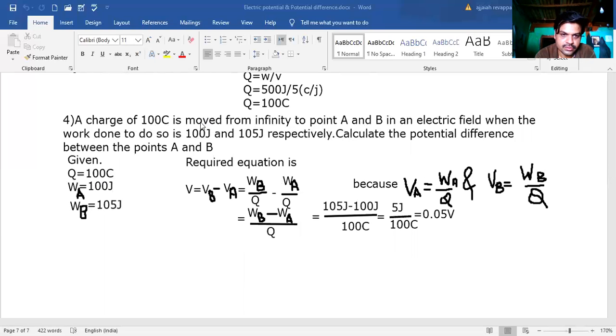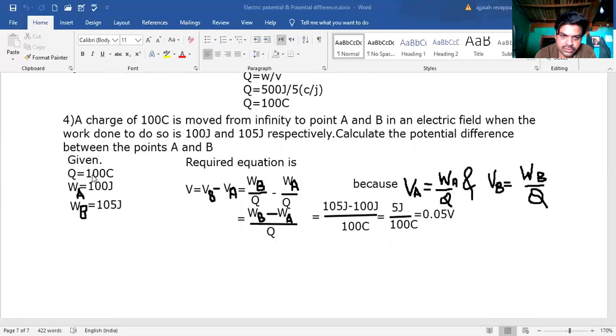The charge is moved from infinity to point A and point B in an electric field, when the work done to do so is 100 joule and 105 joules. See, to move 100 coulomb of charge from infinity to point A, work done is 100 joule. The same 100 coulomb charge to move from infinity to point B needs 105 joules. Respectively, calculate the potential difference between the points A and B.